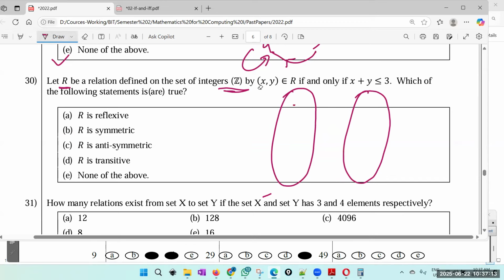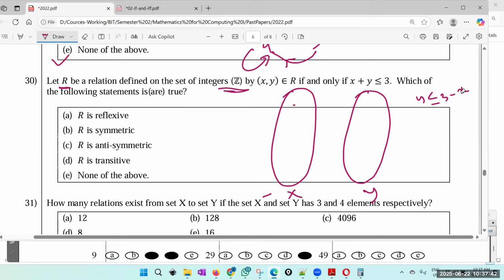So these are for integers. Integers means negative whole numbers are also possible. That makes it even harder. x plus y must be less than or equal to 3. That means y must be less than or equal to 3 minus x. So if it goes from x to y, it must be 3 minus x.